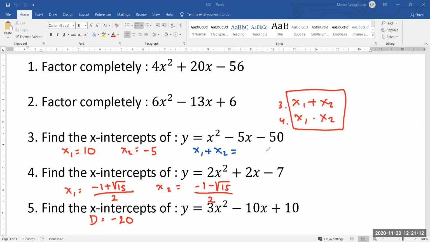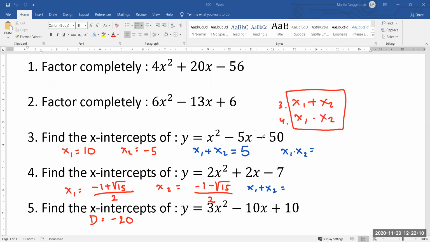Okay, for number 3, Valen, what is x1 plus x2? 10 minus 5 is 5, I think, right? 5.